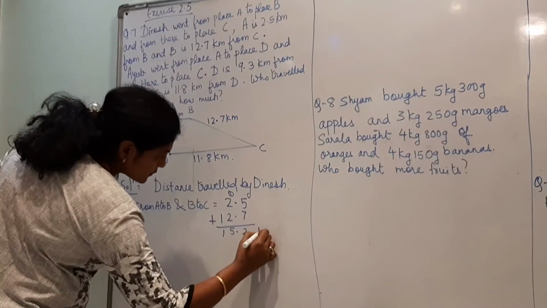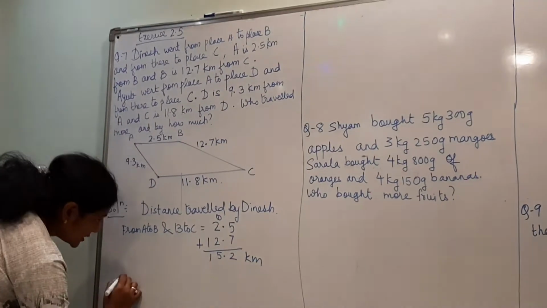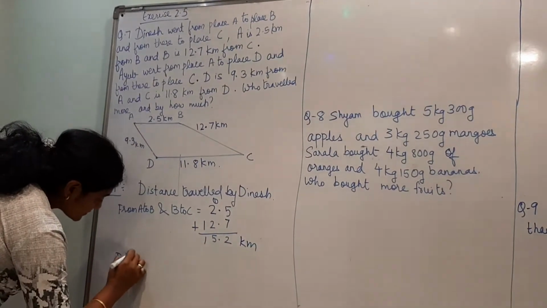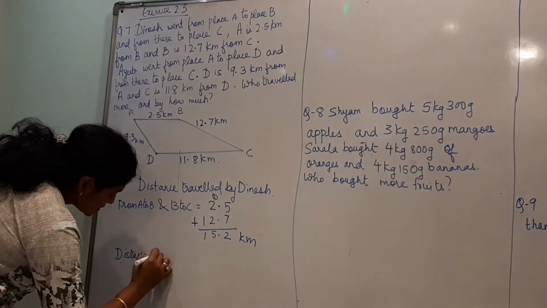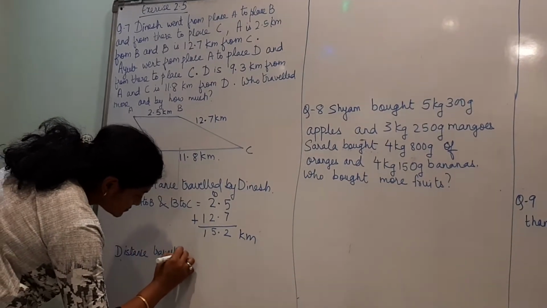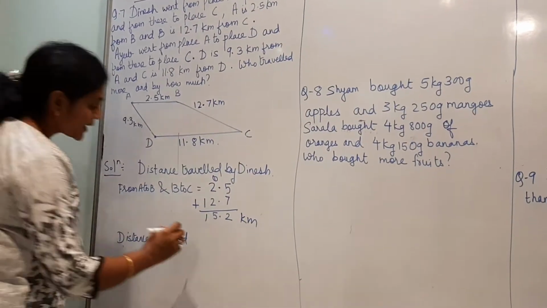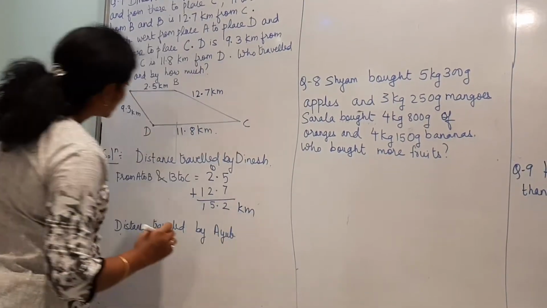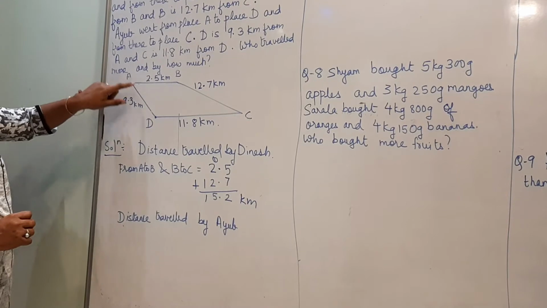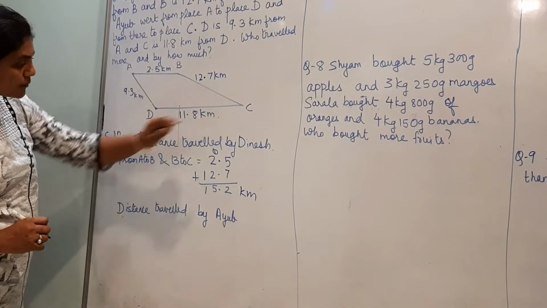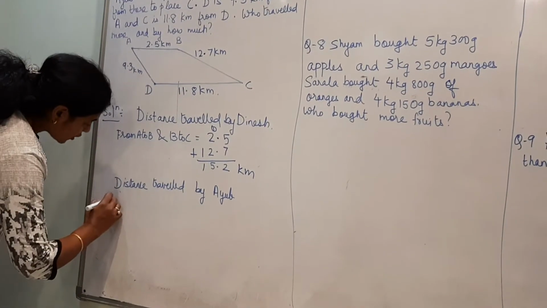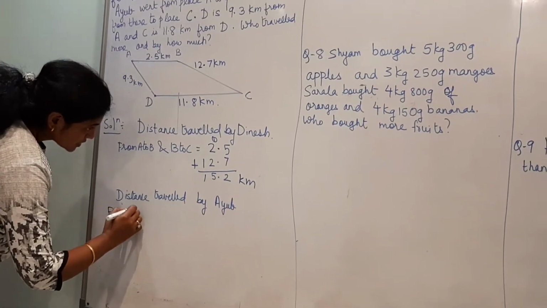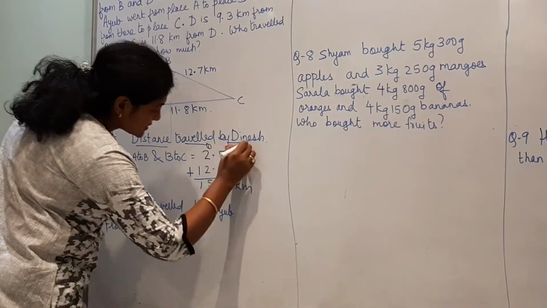Now we will find it for Ayub. So this is 15.2 kilometer. Now distance travelled by Ayub. How he has travelled: from A to D and then from D to C. So I will underline this.